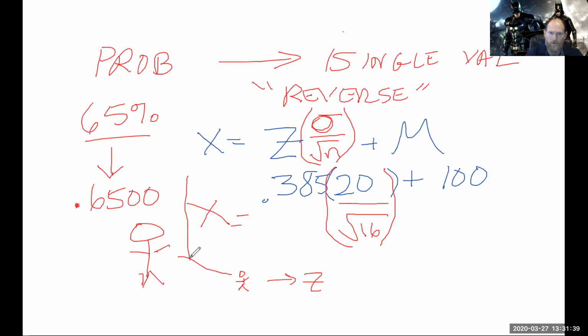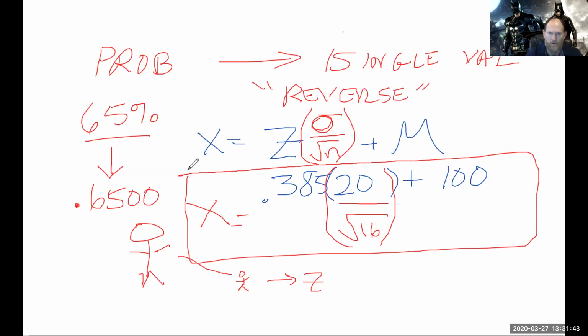All right, so here's where we're at in terms of setting that one up. So Lexi caught it correctly. This is the correct formula. Z times sigma over the square root of n plus the mean. We're going with this because of the Z of 0.385.